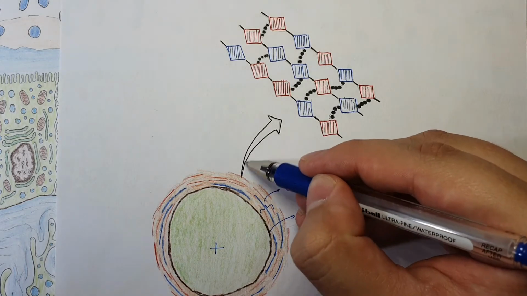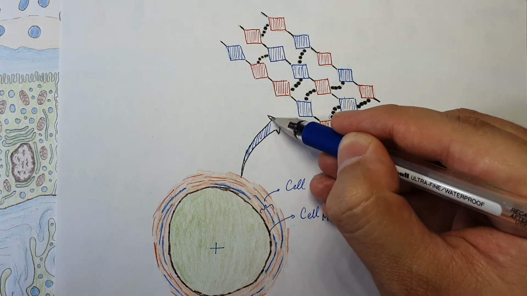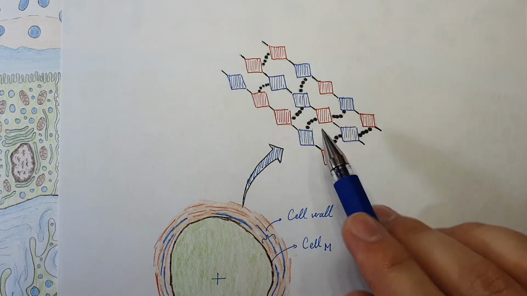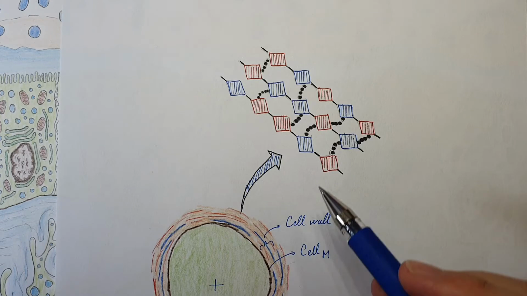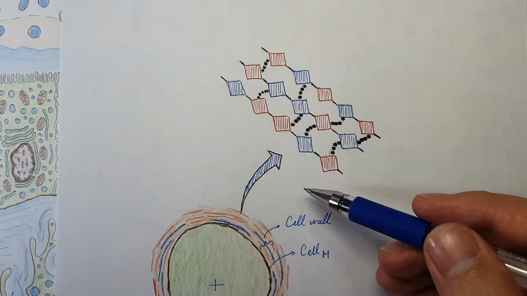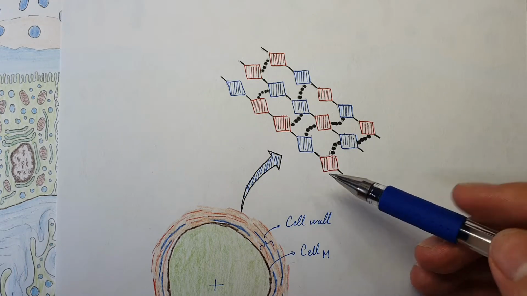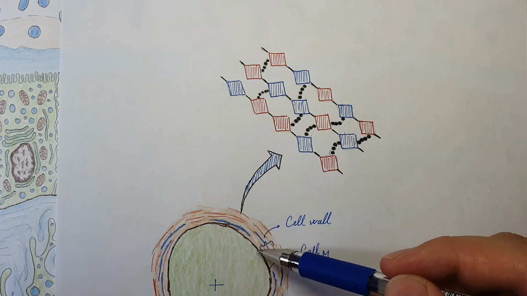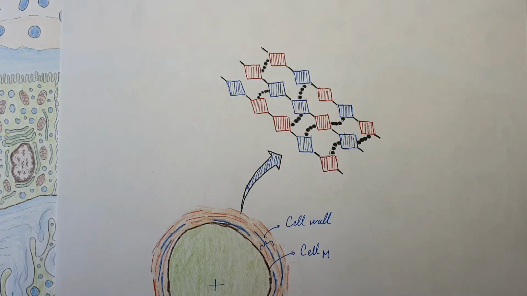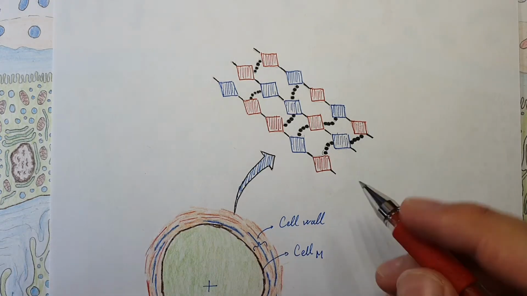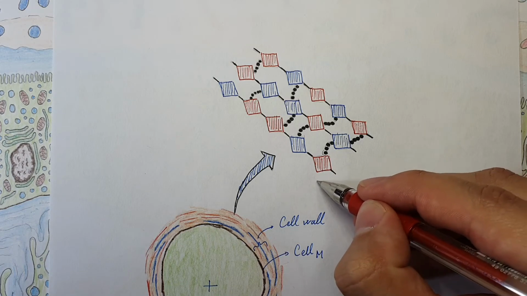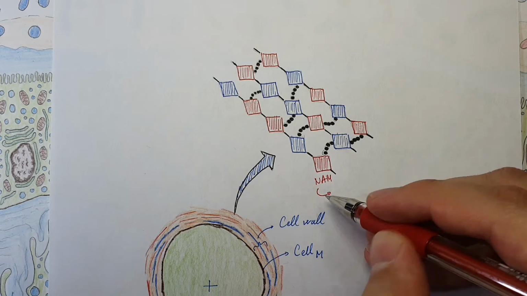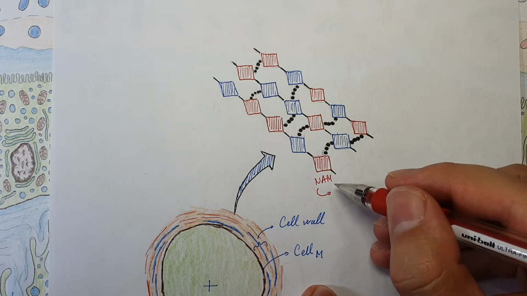If we would enlarge the cell wall, we see that it is built out of special molecules, and that it is actually a polymer form of these molecules that make up this mesh-like layer on the outside of the bacterial membrane. So this molecule is called NAM, in short for N-acetylmuramic acid.